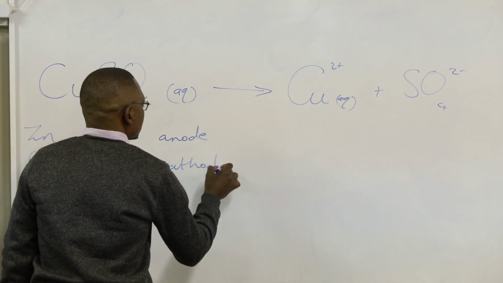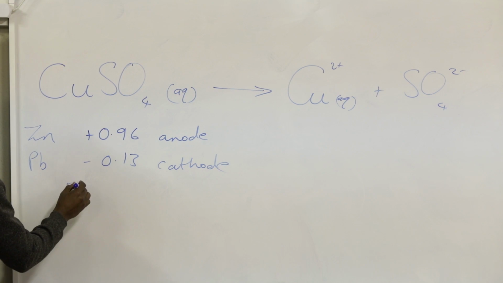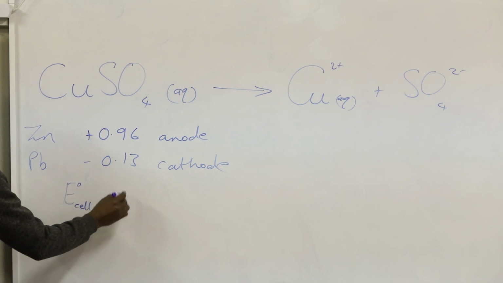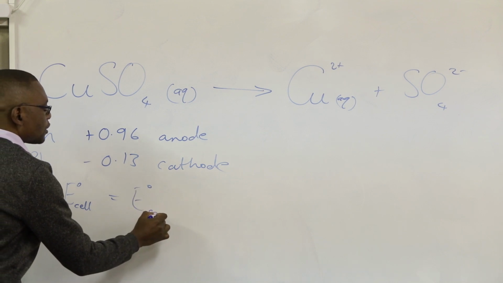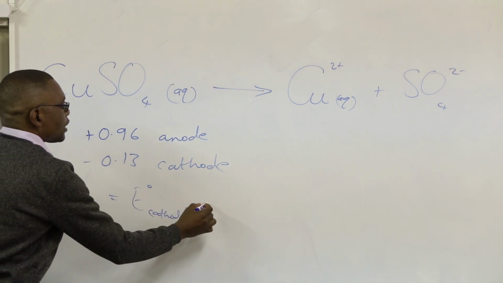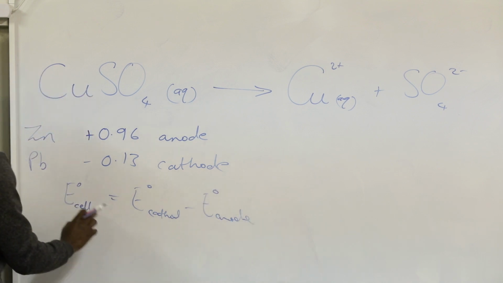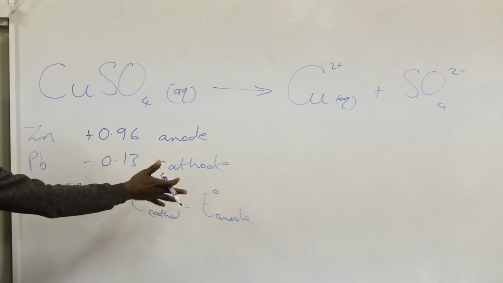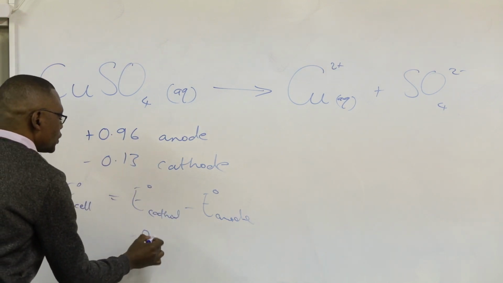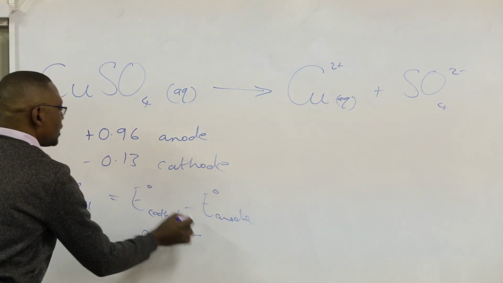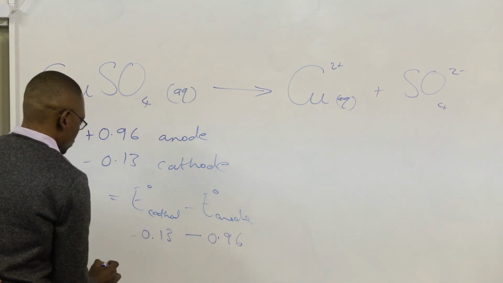So if you use lead as your cathode, the standard E cell is going to be equal to cathode minus anode. Our cathode here is minus 0.13, so minus 0.13 minus plus 0.96. What do you get?